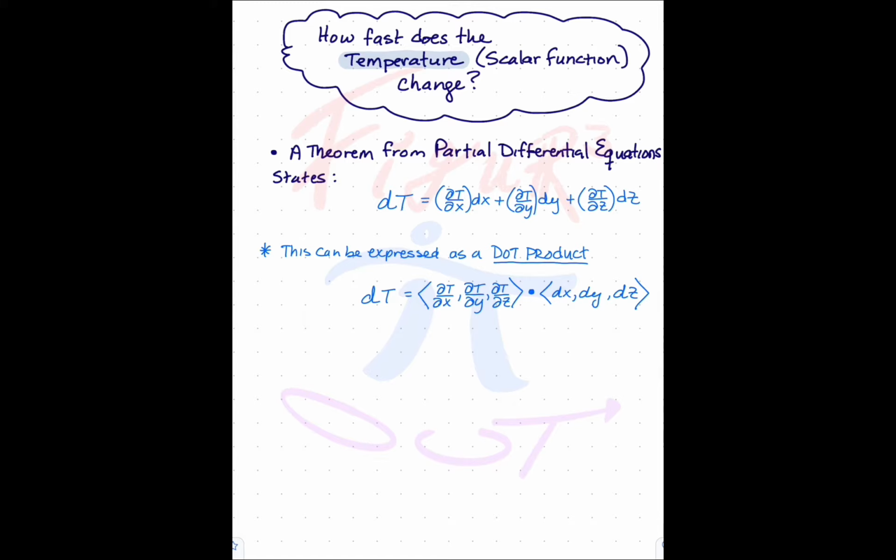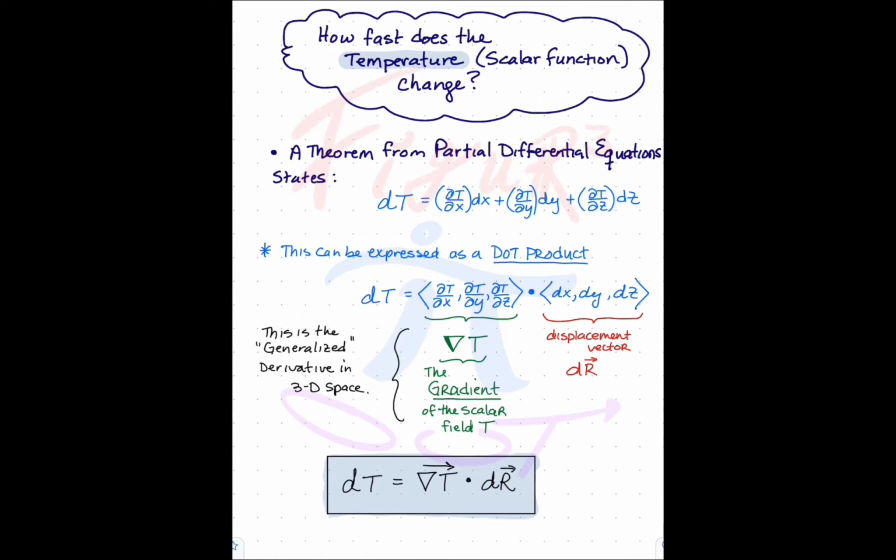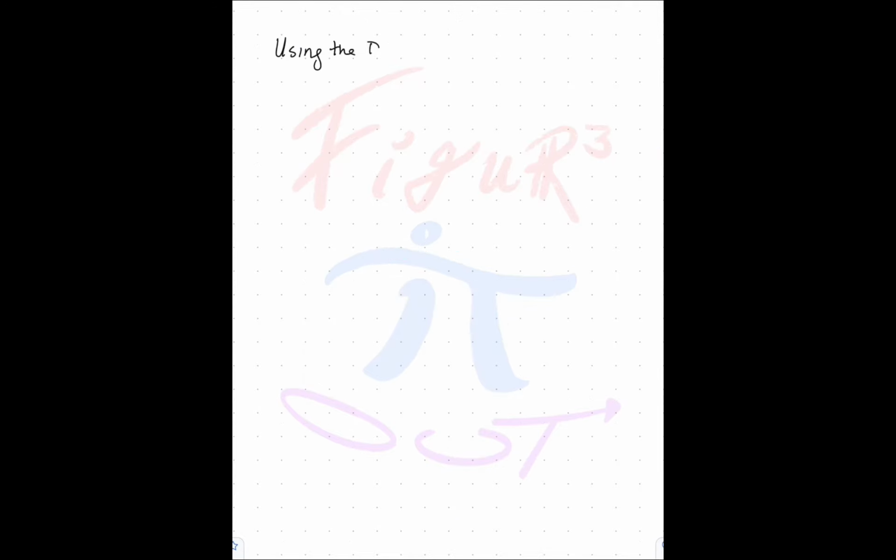And so we can visualize this linear combination as actually a dot product of vectors, one which is the gradient of the temperature, and the other one which is the displacement vector of the position vector r. So the first derivative that we come across in three-dimensional space is this generalized derivative called the gradient.